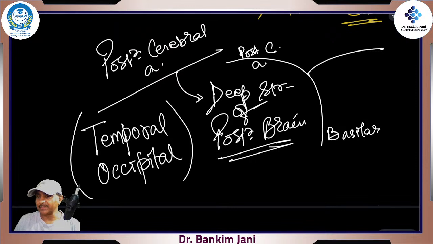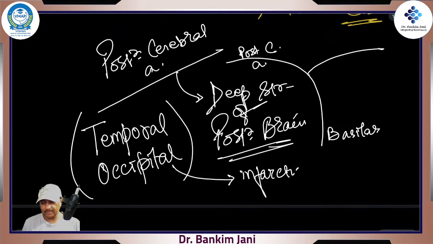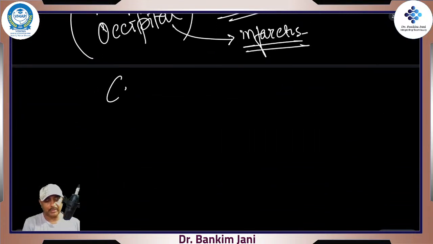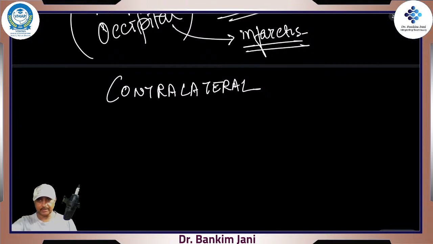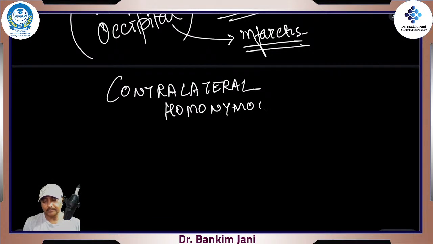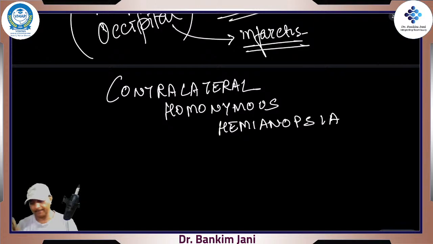But because the fibers cross, in case anything goes wrong, say for example an occipital infarct, where there is lack of blood supply, that would lead to one new term which you should know: contralateral, the opposite side, homonymous hemianopsia. Hemianopsia or hemianopia, one and the same thing.